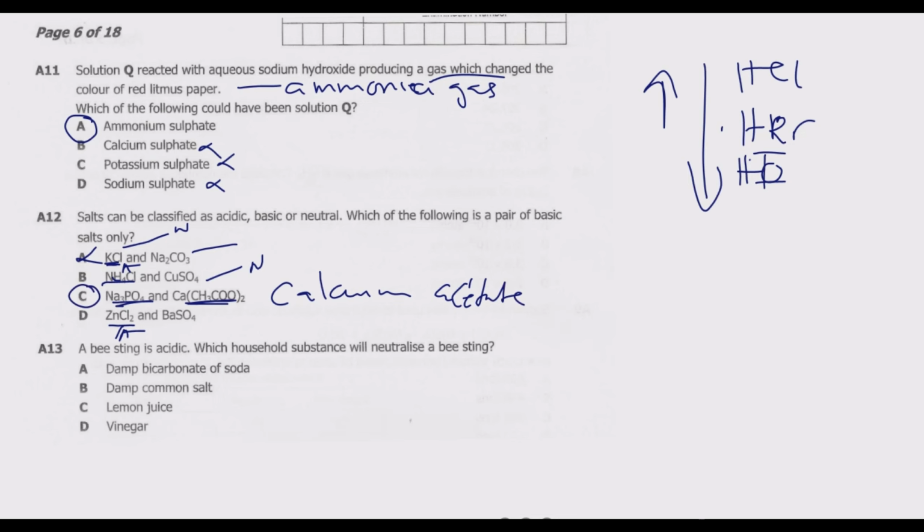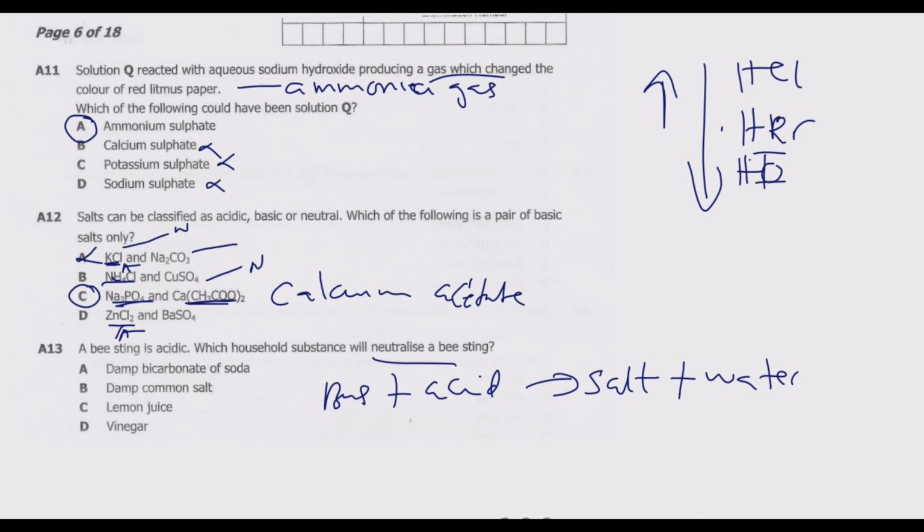Number 13, a bee sting is acidic. Which household substance will neutralize a bee sting? So what you notice here in this case, basically we need to have a base plus acid reaction to give us salt and water. So this is a neutralization reaction.